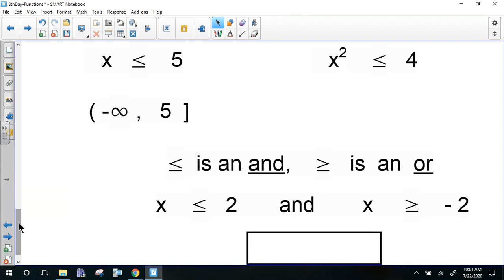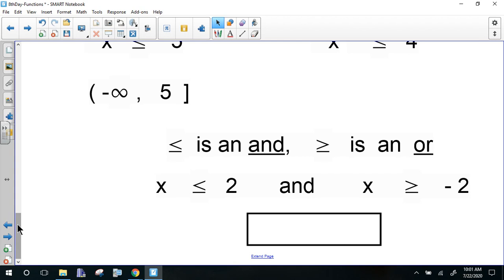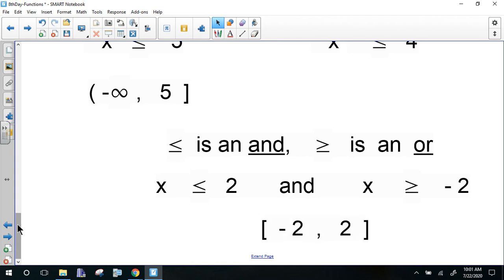This is less than or equal to. I'm going to use the word and. When you see the word and, it's including every number in between your two answers. So I write it with brackets, negative 2 to 2. I'm including every number between negative 2 and 2 in my answer set.